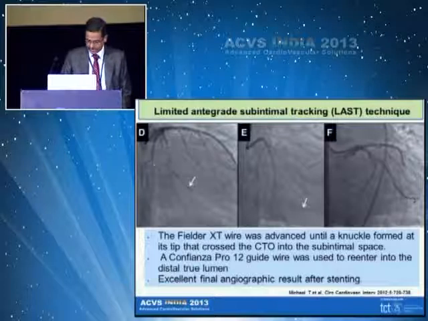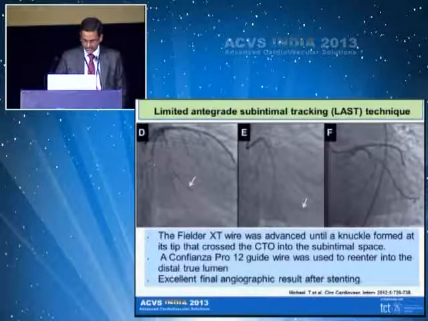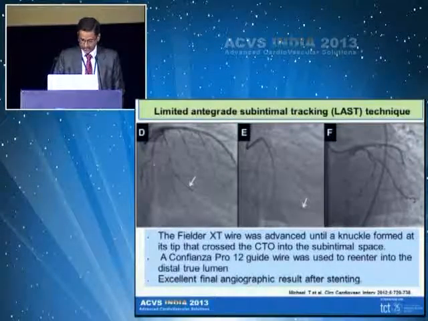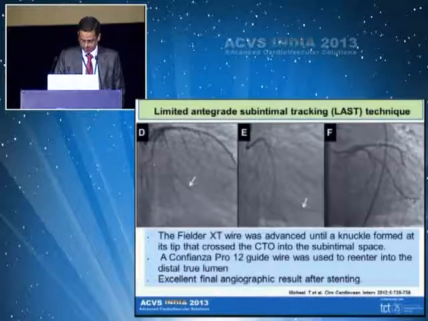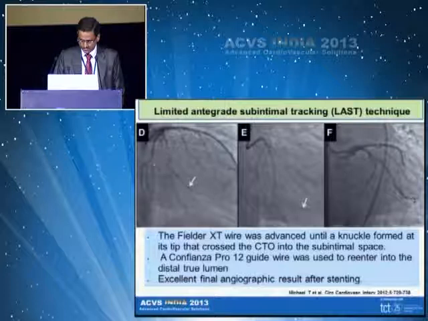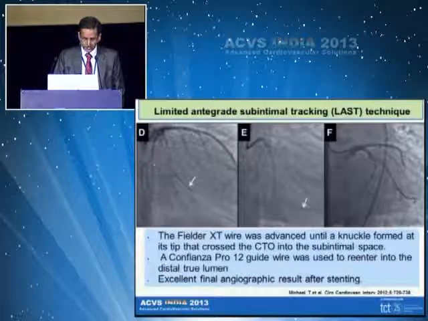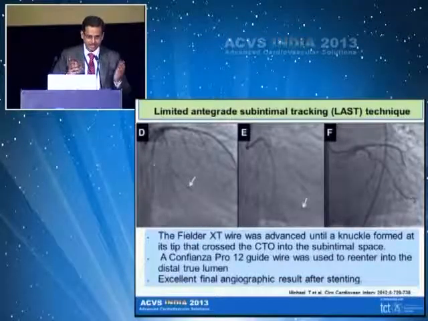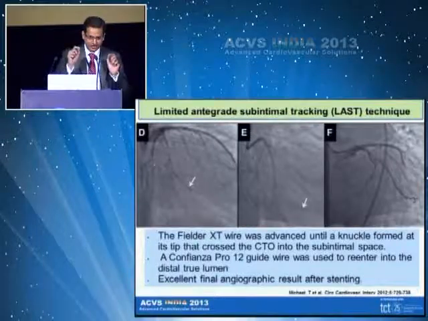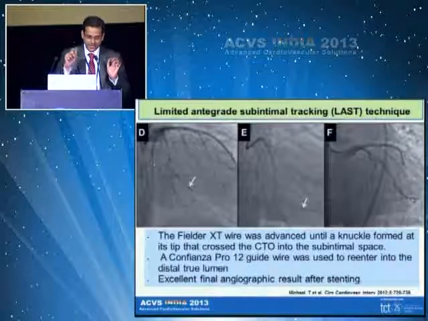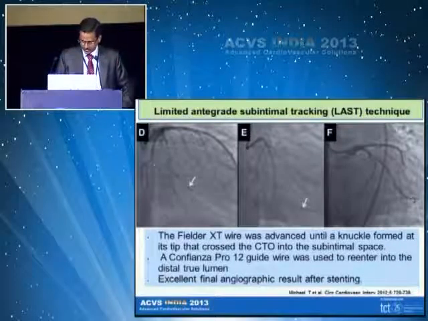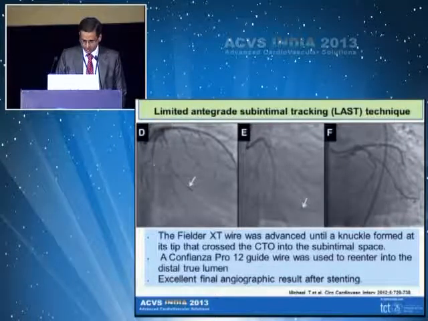A loop couldn't exit into the true lumen, and then it was left there and again was shifted to a Confianza Pro 12, and it was penetrated at the distal cap of the false lumen. What I mean to say is it's a combination of a star technique, limited jab: remove the J-shaped wire, take a stiff wire and penetrate at the site where you are not able to force your way.